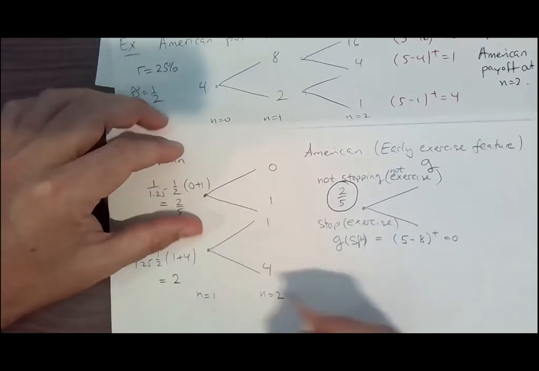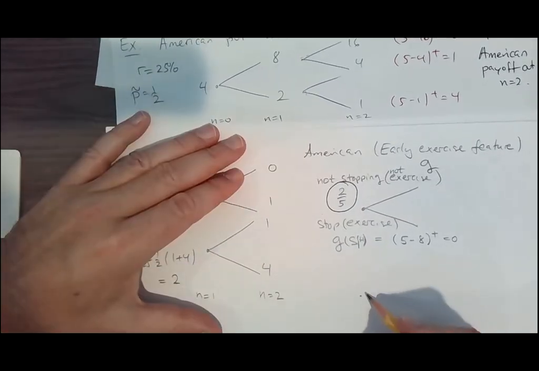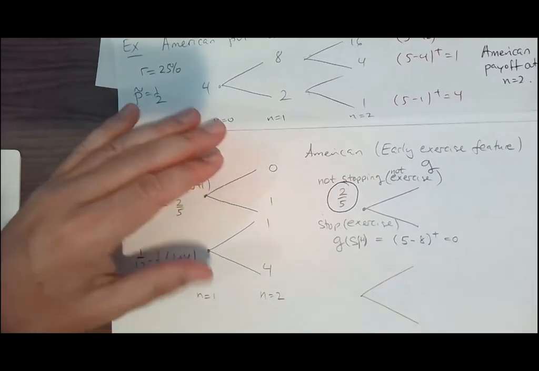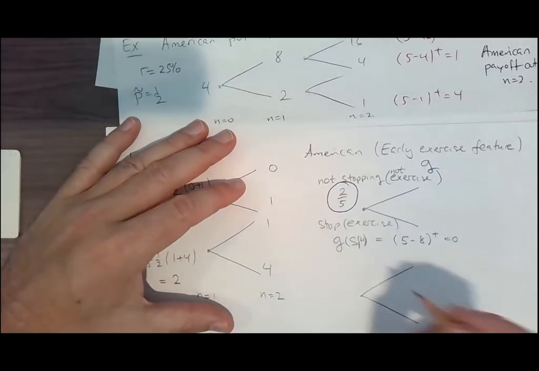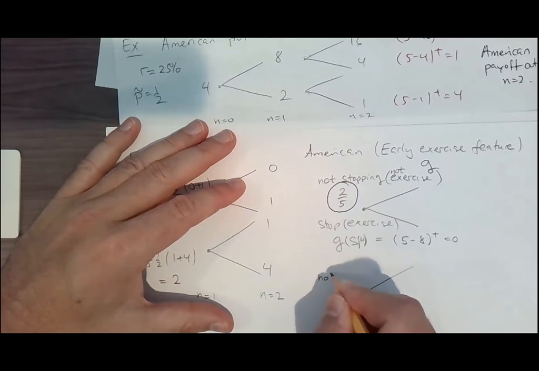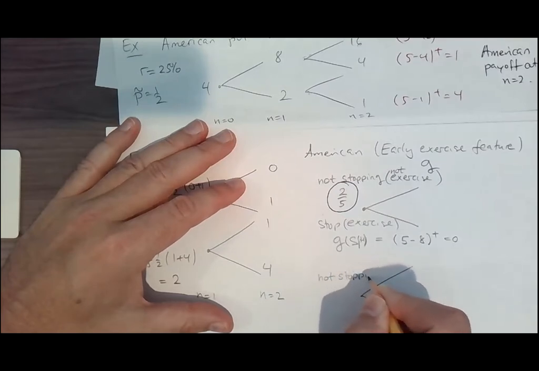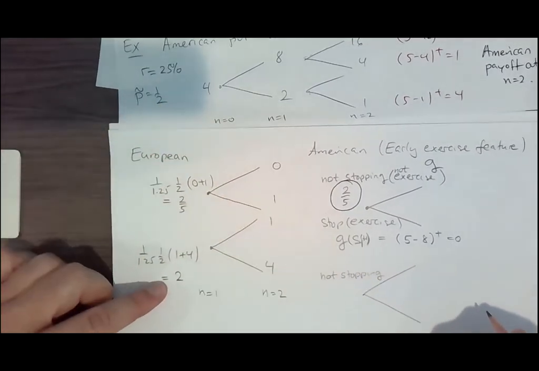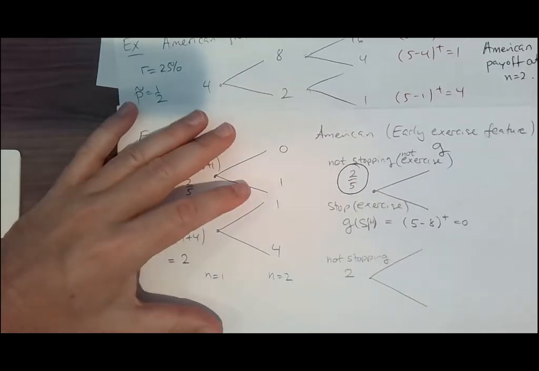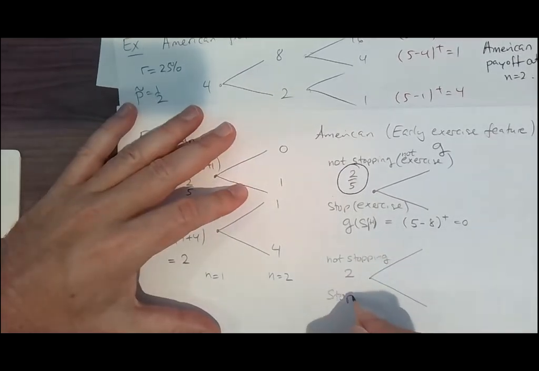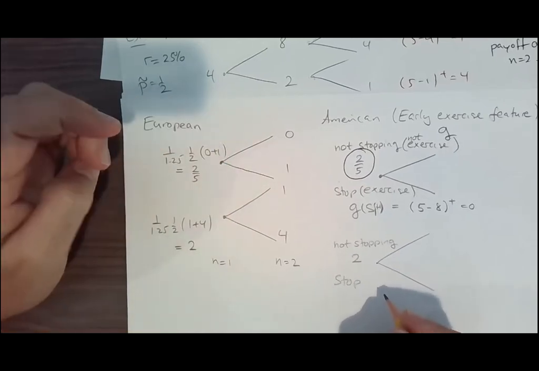Now let's look at what happens in the bottom part. And this is where it changes. So again, if I don't stop, then what will the value be? This will give me a 2. And then if I stop, then the value will be what?